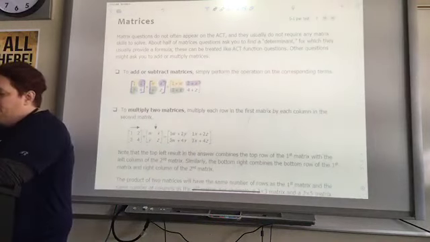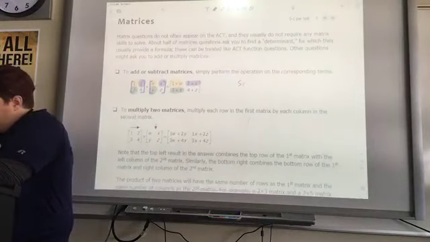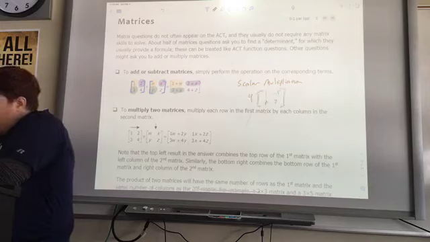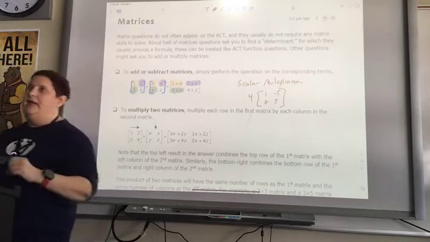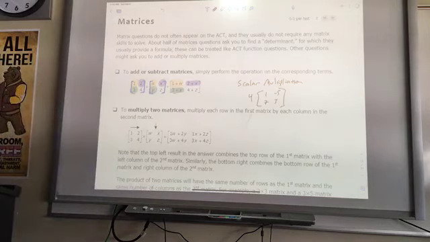Next is something called, I'm going to add this because it's on there sometimes, scalar multiplication. Okay, a scalar is a number. When we're talking about matrices, a matrix is a set of numbers, a scalar is a number.